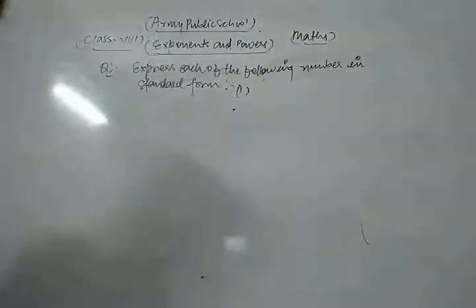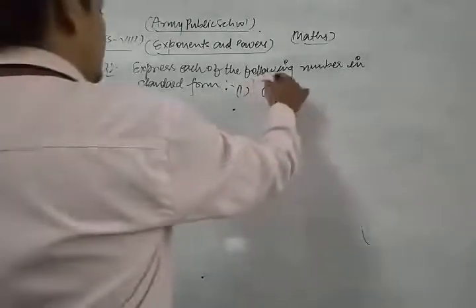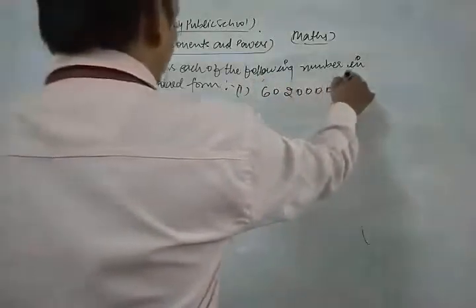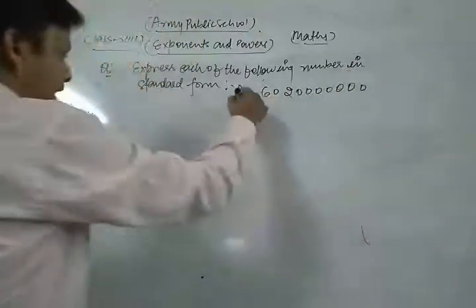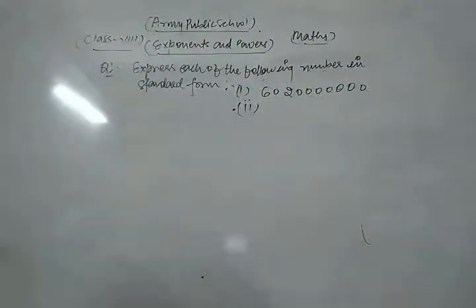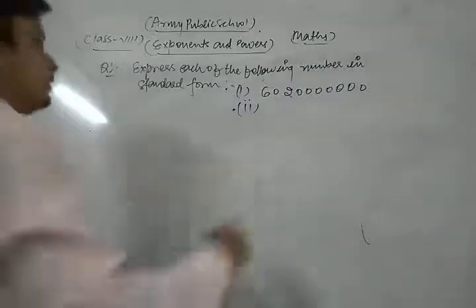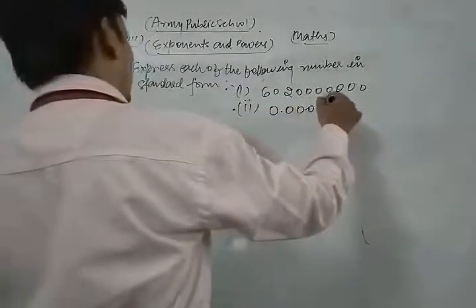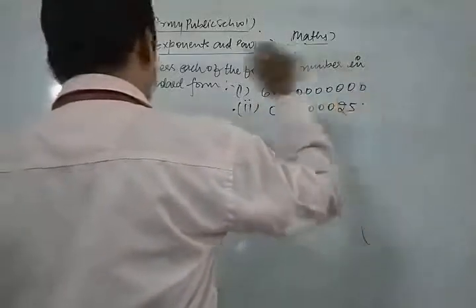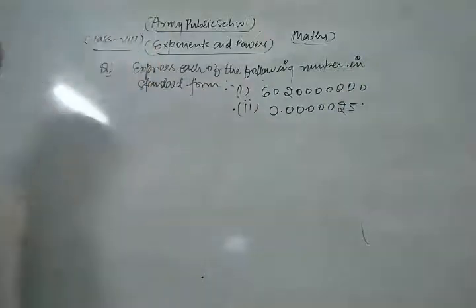The first part of this question is 6020000000, and the second part is 0.00000025. These are the numbers.